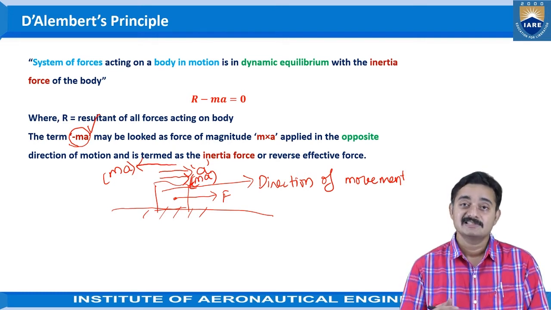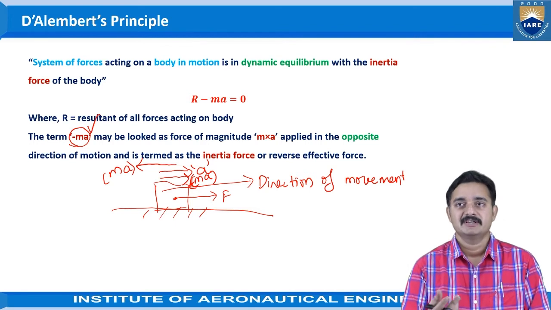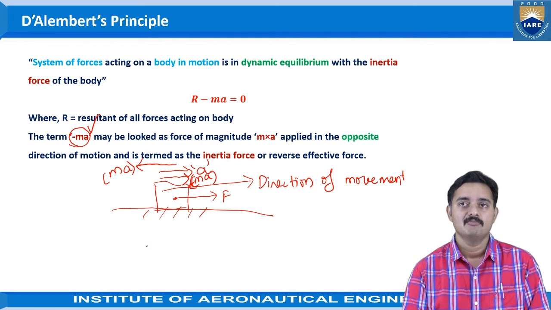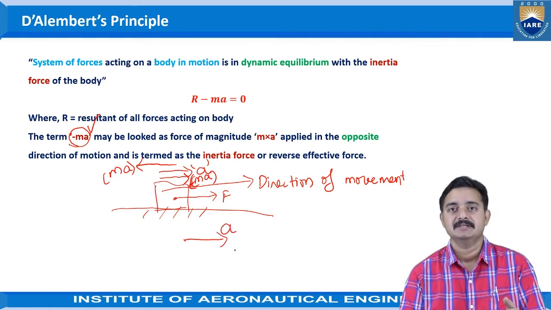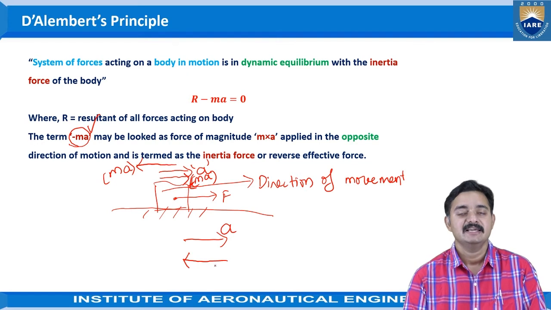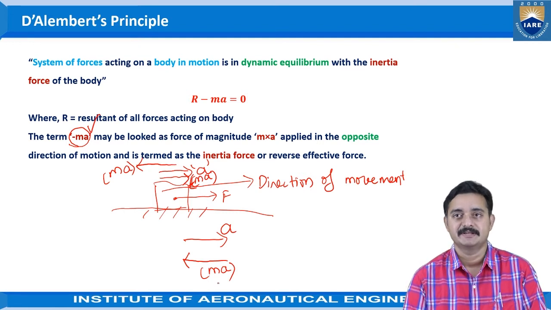But while solving the problem, it becomes somewhat difficult to represent it as minus ma at each and every place. So for the direction in which the acceleration is happening to any object, we will represent the inertia force in the opposite direction to the acceleration of the object.